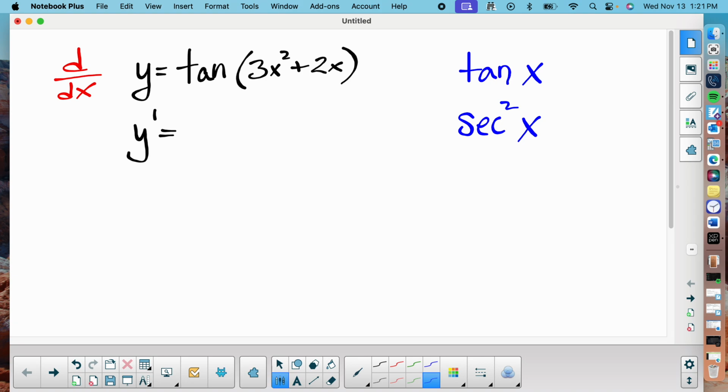The derivative of tangent of u would be secant squared, same u, but then at the end you would multiply by the derivative of u. So the derivative of x would be 1. So we purposely did everything with just regular x's before, so that you didn't have to get confused by this extra little part. Okay?